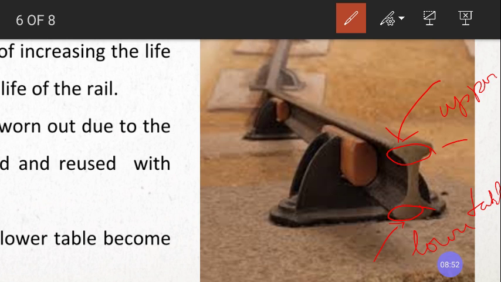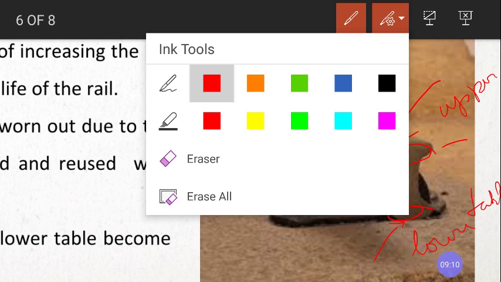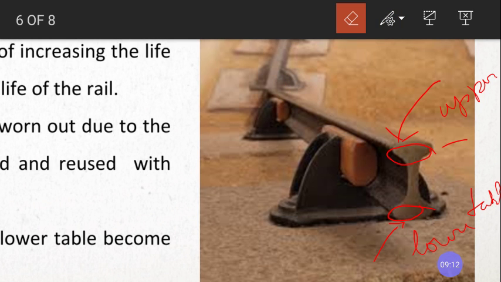So what was the reason behind providing two heads? Due to the movement of trains over this track, on the upper head or upper table, there would be wear and tear, and obviously it would wear out.